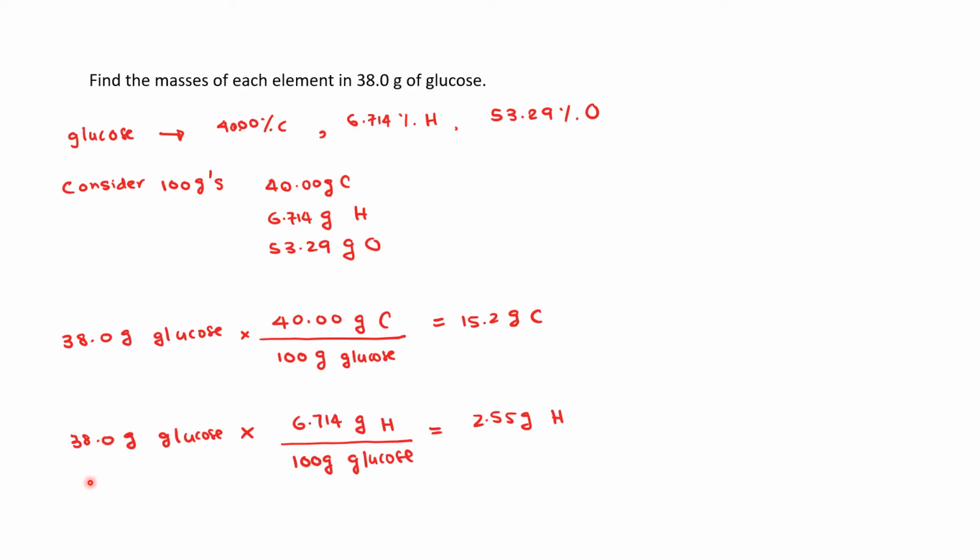Same thing goes to the hydrogen. 38.0 grams glucose times 6.714 grams of hydrogen per 100 grams glucose. This cancels out to this, and then the answer is 2.55 grams of hydrogen. 38.0 grams glucose times 53.29 grams of oxygen per 100 grams of glucose. The answer is 20.25 grams of oxygen.